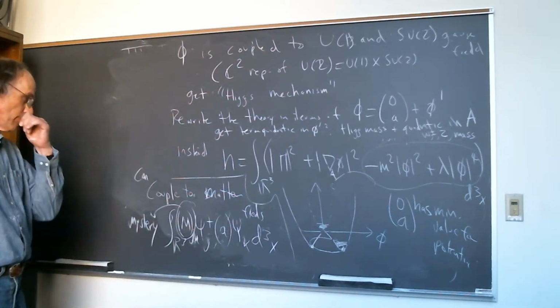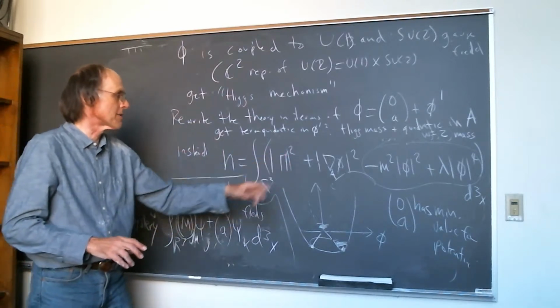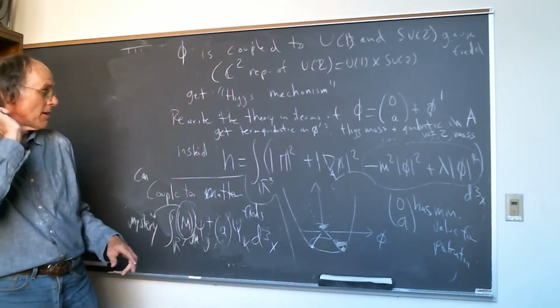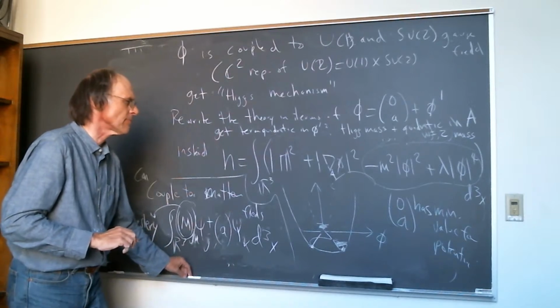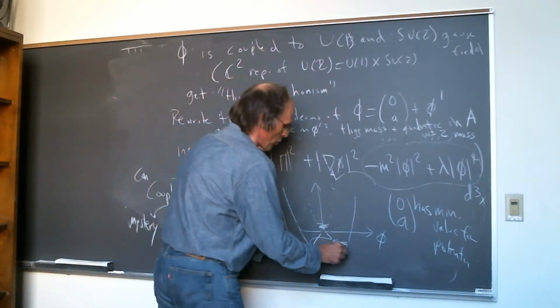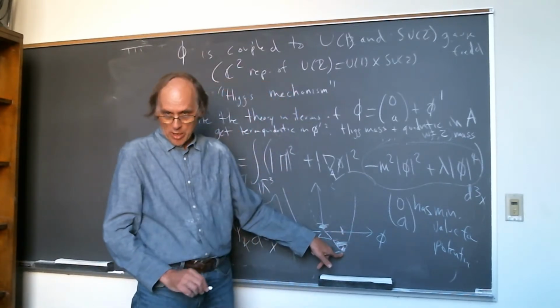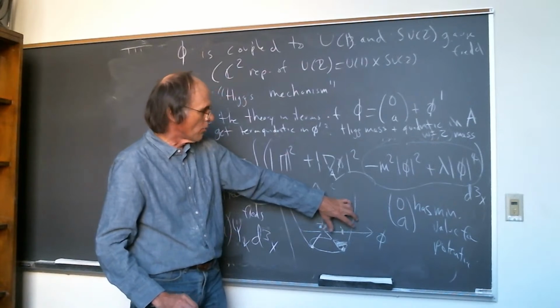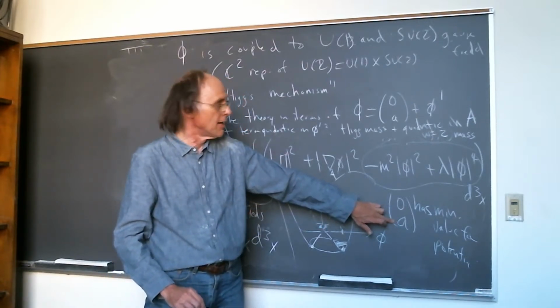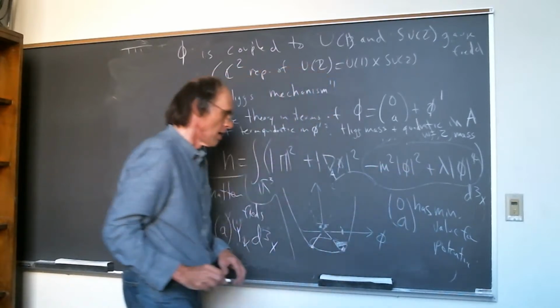So what happens when you do this is you really introduce one new number, which is where you are here. What's the size of this guy? And it comes about from a certain combination of these guys.